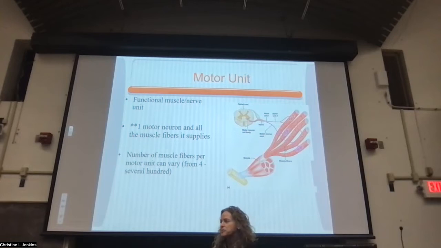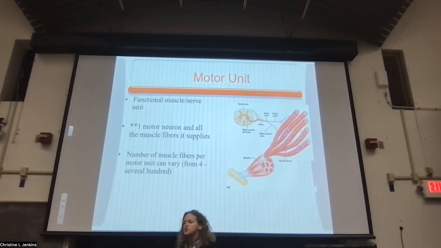I can send a nerve impulse down this one, but not that one. In my quads, there's not a whole lot of control, right? So sometimes you want large motor units. It's efficient, so you can develop a lot of force in big muscle groups. Other times you want a small motor unit, so you have more control.